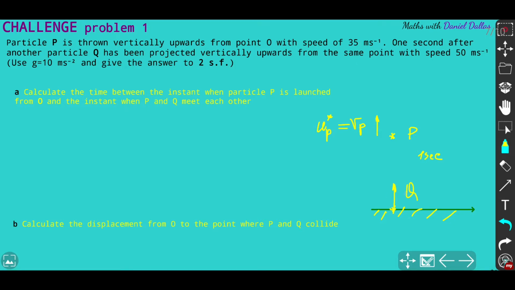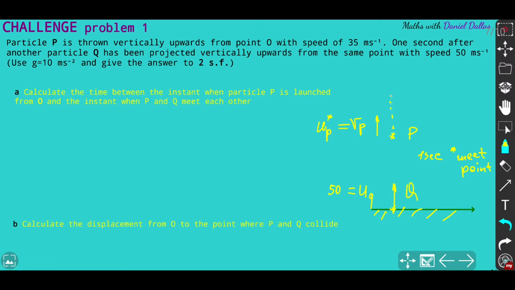And for point Q, it's still going to be this value, which is 50. Okay, that's your starting point in your consideration. After that, you understand that the time until both particles meet is going to be somewhere here. So let it be the midpoint.